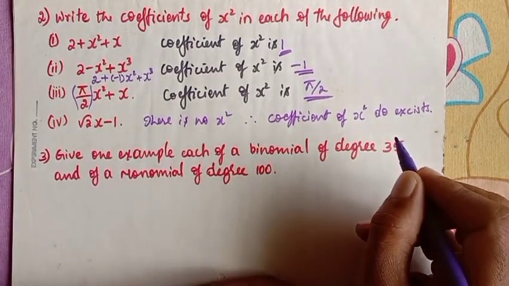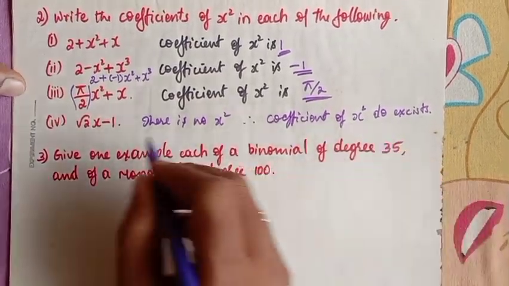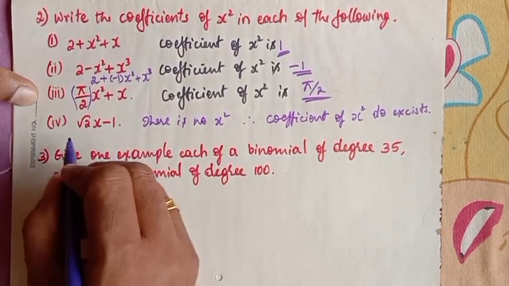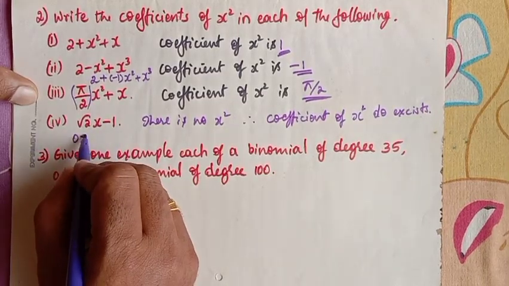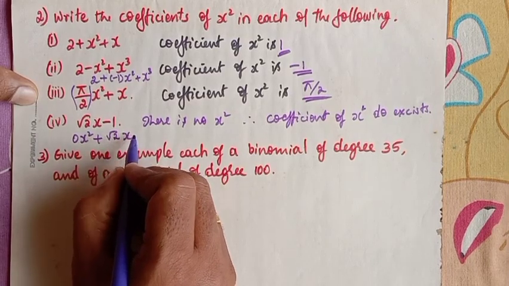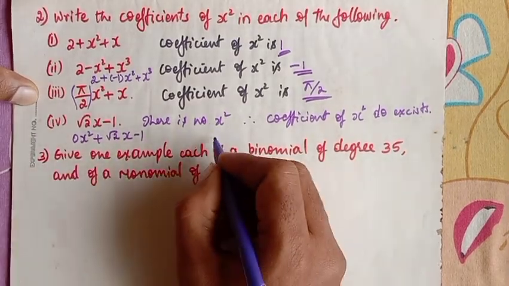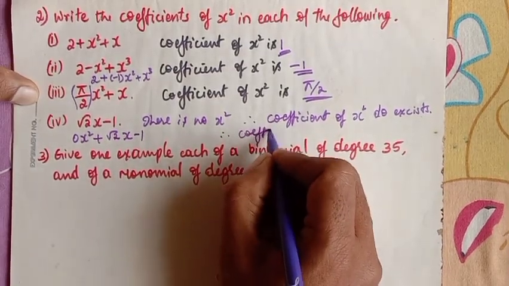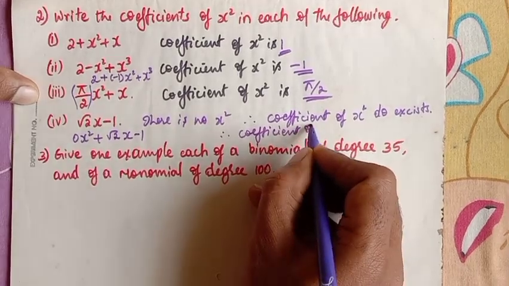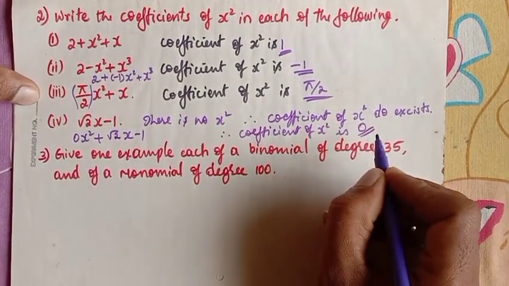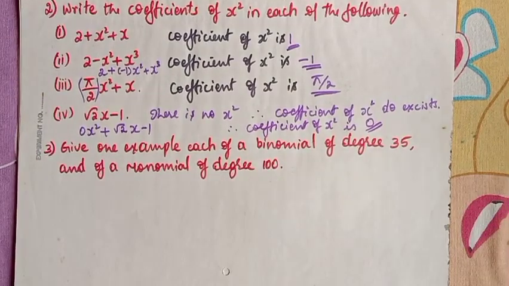You can't say that it doesn't exist. This equation can be written as 0 x square plus square root of 2x minus 1. Therefore, the coefficient of x square is 0.